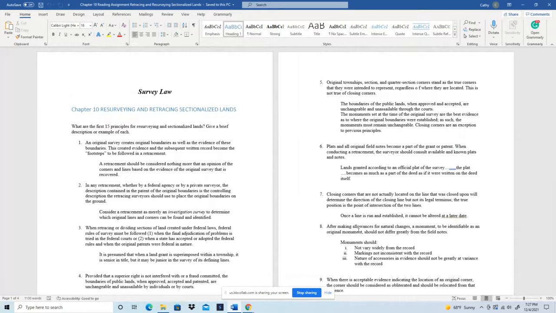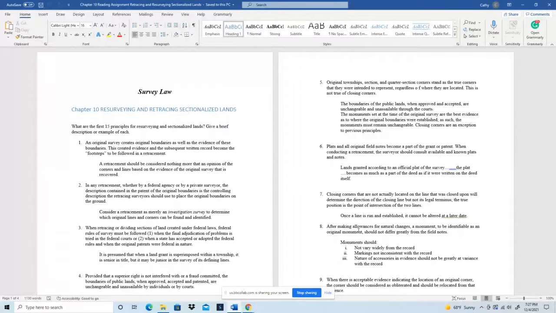In your textbook, page 293, Principle 4: provided that a superior right is not interfered with by fraud or commitment, the boundaries of the public lands, when approved and accepted. There are 2 Principle 4s, if you didn't notice that. One's under line marked and surveyed. This one is under original corners, which are unchangeable and inaccessible.